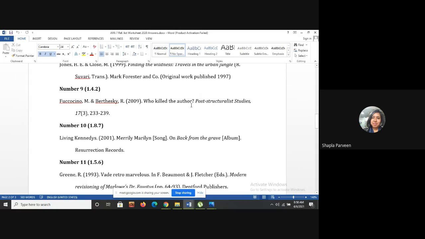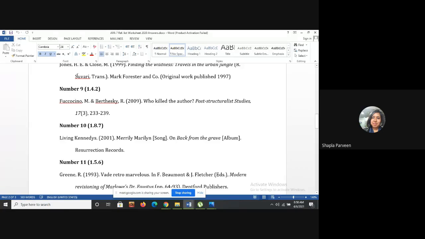Then the name of the journal where this article was published, that's called Post-Structuralist Studies. So you can see that is italicized. If you handwrite, you need to underline it. And then here, volume number 17, issue number is in brackets, issue number 3, comma, page range is given 233 to 239. So volume number, issue number, page number. Okay.